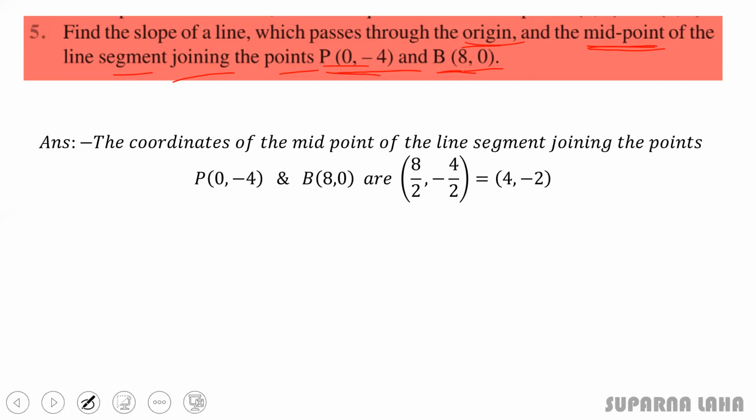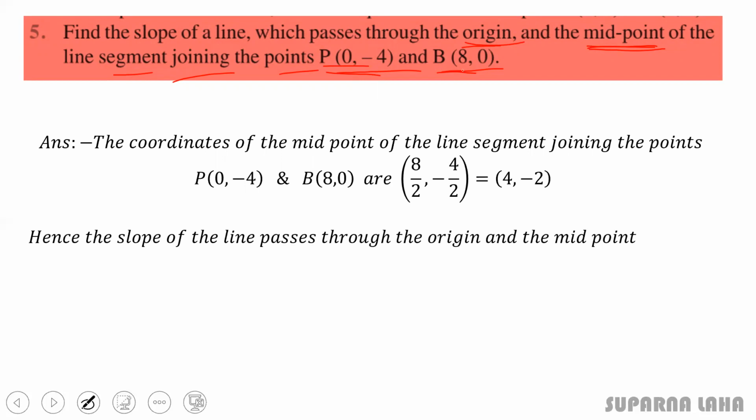8 plus 0 by 2, that is 8 by 2, and minus 4 upon 2, that is (4, minus 2). So the line is passing through the origin and the point (4, minus 2). We need to find the slope of this line. So the slope of this line is y2 minus y1 by x2 minus x1.